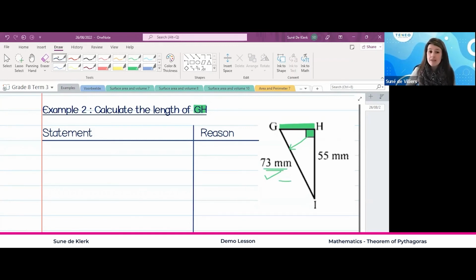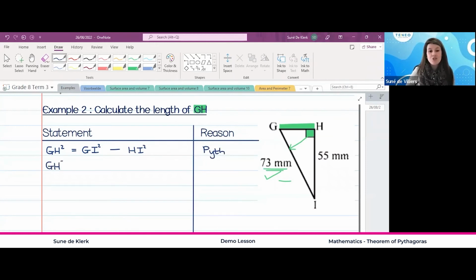So we start with the one that we need, GH squared. We already figured out that we have enough and that we're going to give away. Remember, when we subtract, we always write the hypotenuse first, and then we subtract the shorter side from the hypotenuse. And my reason is Pythagoras.